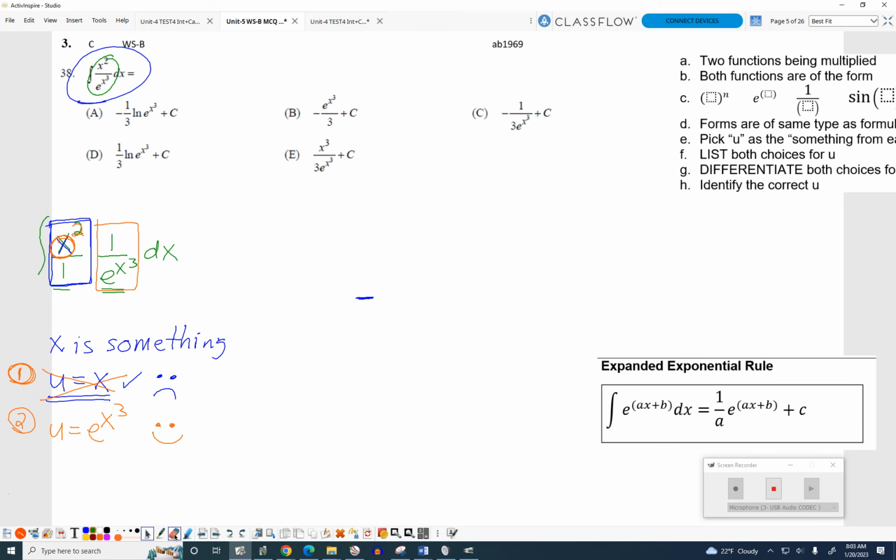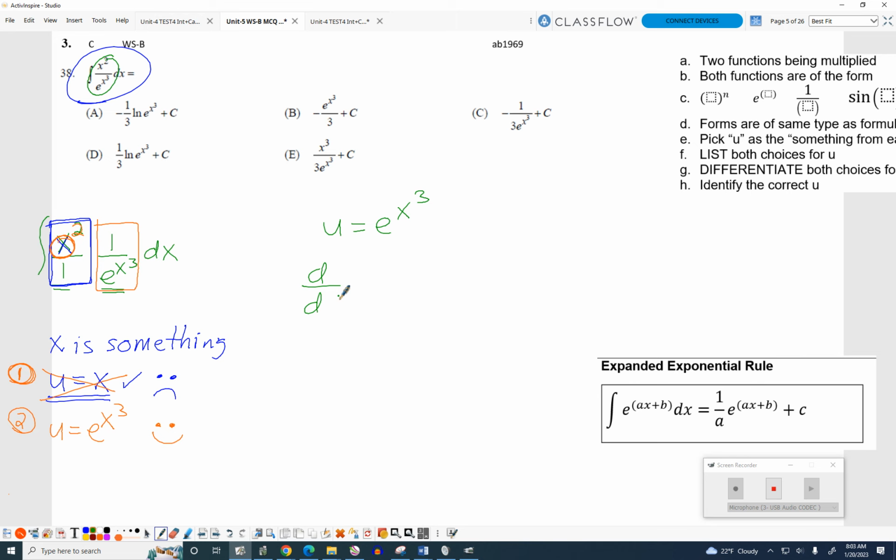We write down this. So we have our equation, u is equal to e to the x cubed. We take d over dx. No, hold on a minute.